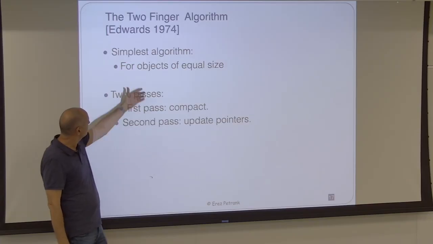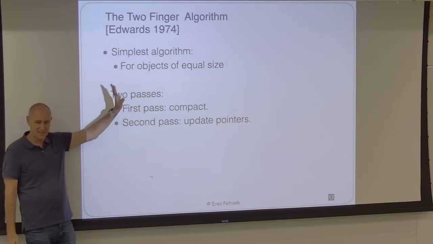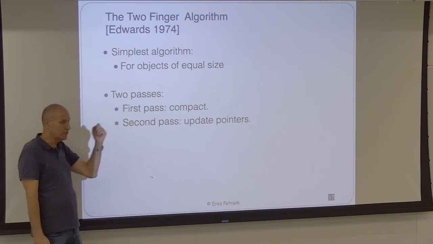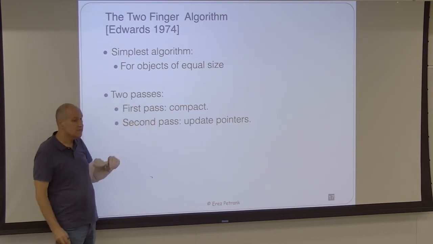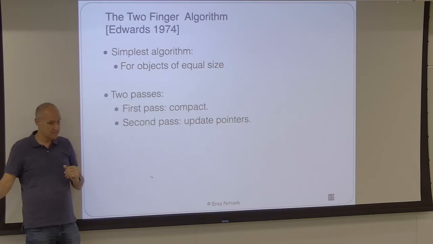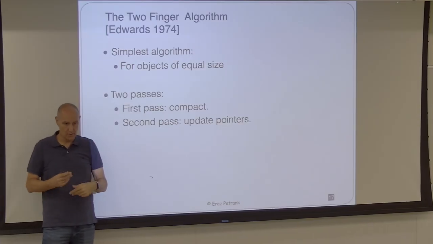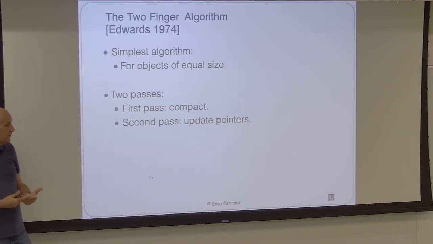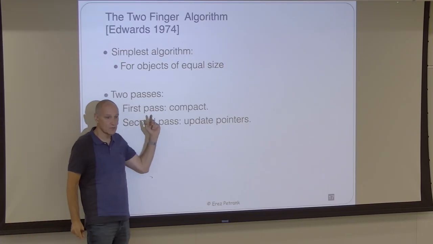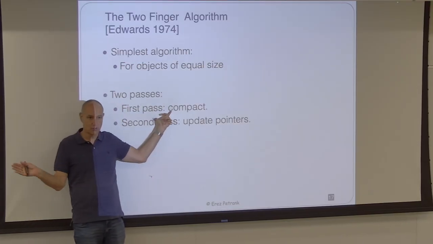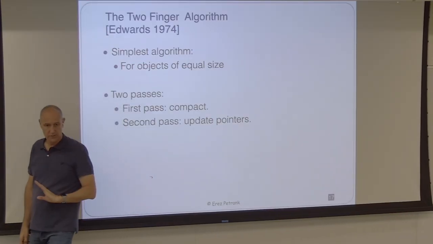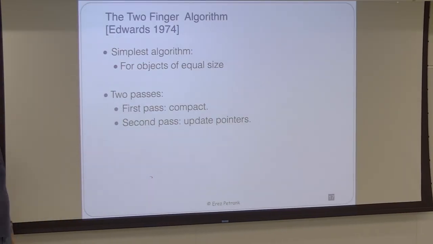It was good then, it's not good now, but it's so simple and it's useful to understand this algorithm. It has 2 passes over the heap. We're going to count passes, as this is one of the things we count as the efficiency of the algorithm. The first pass is going to compact, and the second pass is going to update pointers.